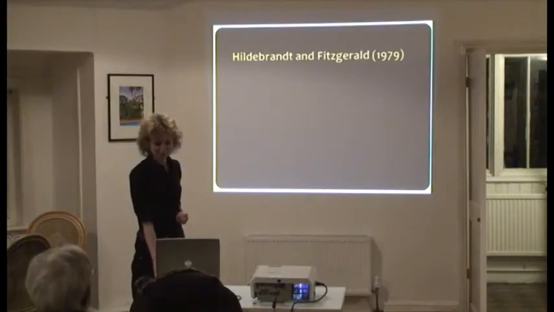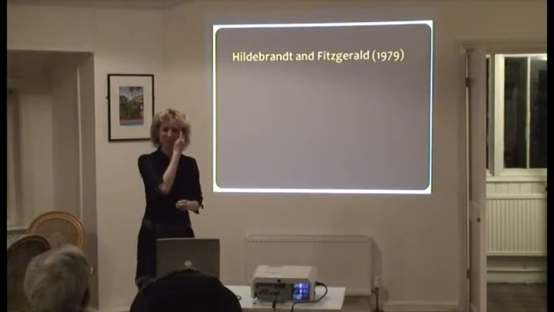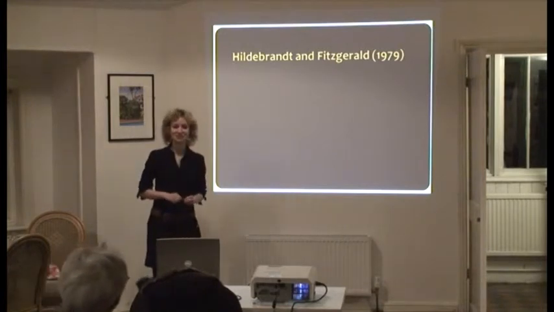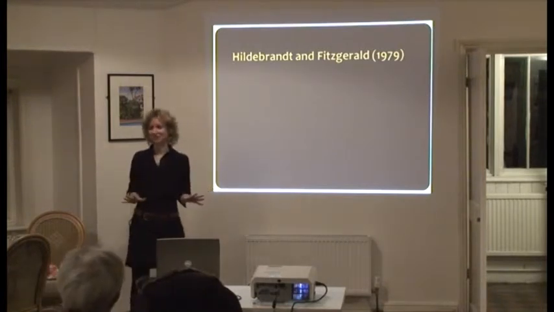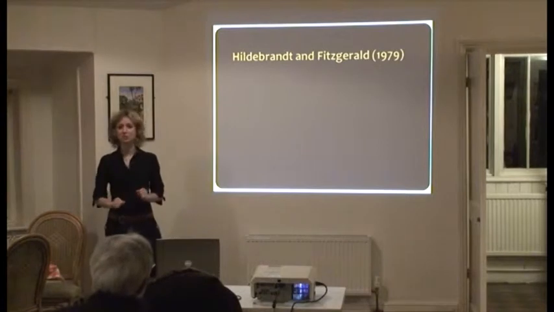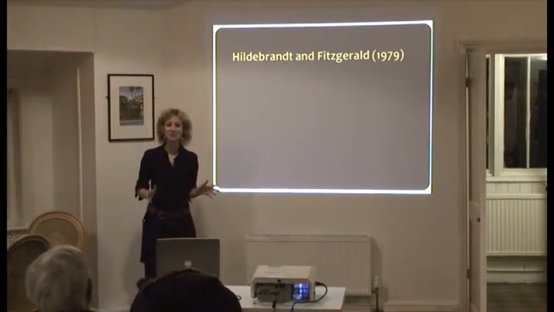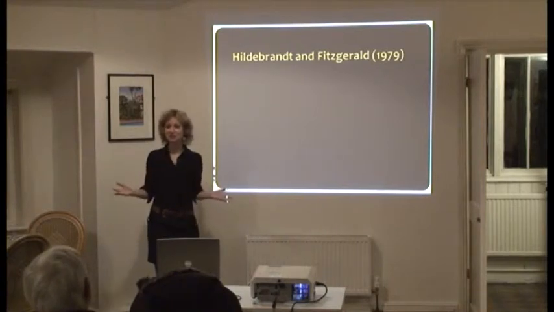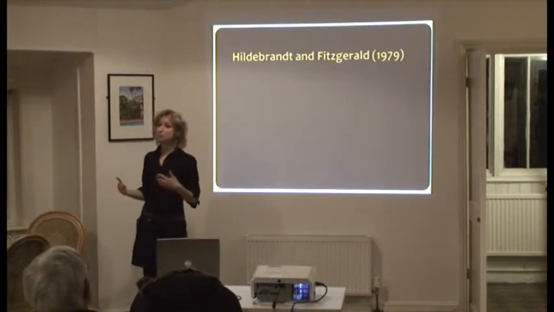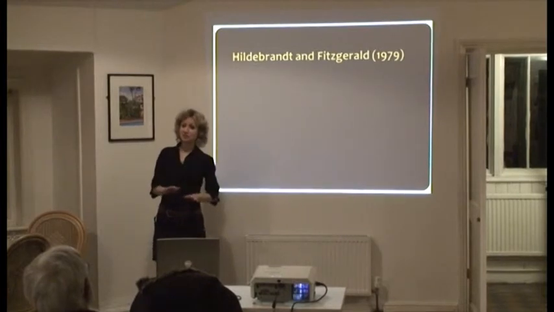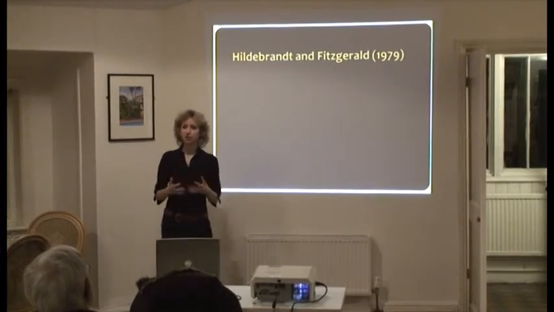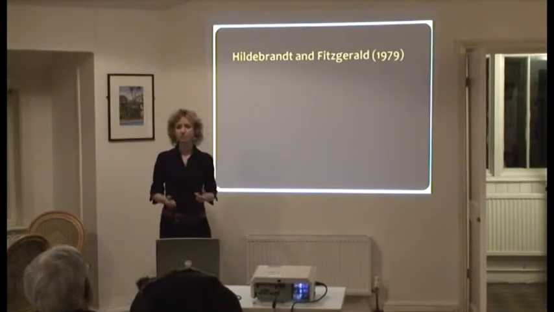Okay, so moving on from that, Hildebrand and Fitzgerald in 1979 got a little bit more technical. They took actual real photographs of infants, probably about 60 in the study. They got people to sit down and rate each one of these photographs for how attractive they thought each one was.